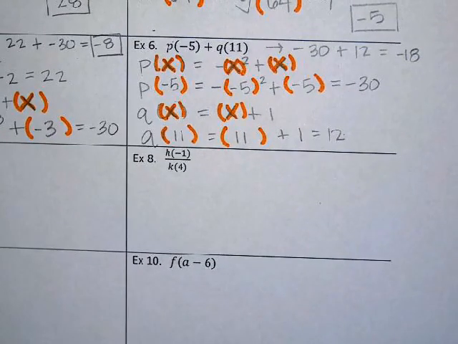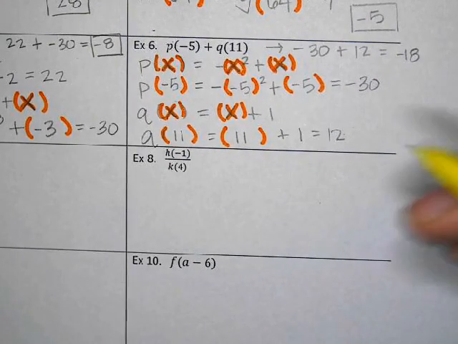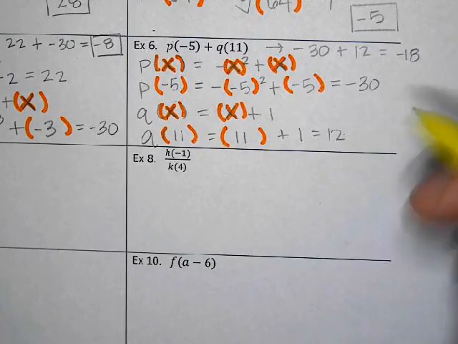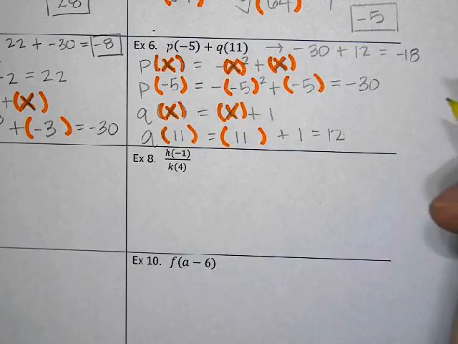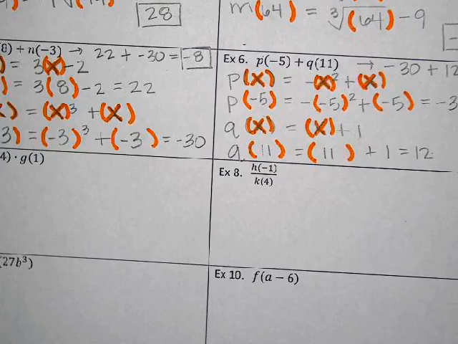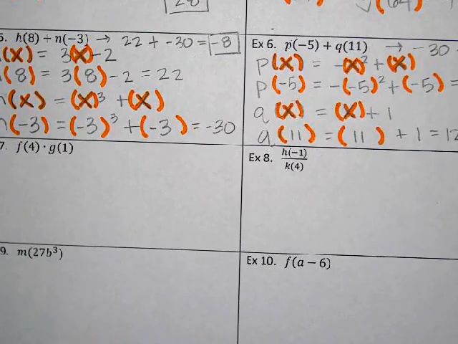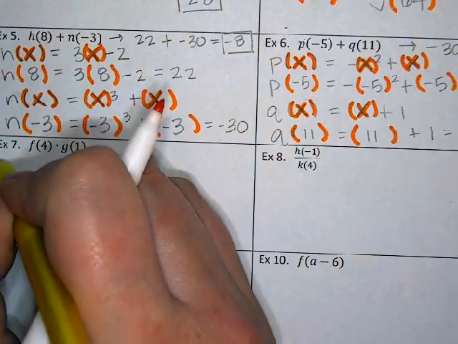Okay, now once you've done enough of these, you might get to the point where you can say, all right, I don't need to use my marker to write on top of the x and put my parentheses. I can just leave a blank space where the x is. So that's what I'm going to do for the next problems. I'm going to try this without marker.